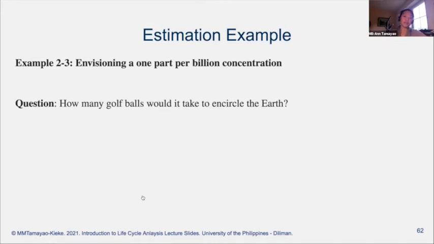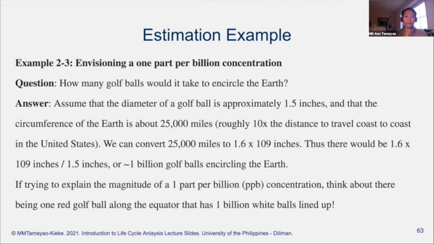This one is just a little interesting, no? Envisioning a 1 part per billion concentration. How many golf balls would it take to encircle the Earth? How many kaya? Assume that the diameter of a golf ball is approximately 1.5 inches and that the circumference of the Earth is about 25,000 miles, okay, roughly 10 times the distance to travel coast to coast in the United States.